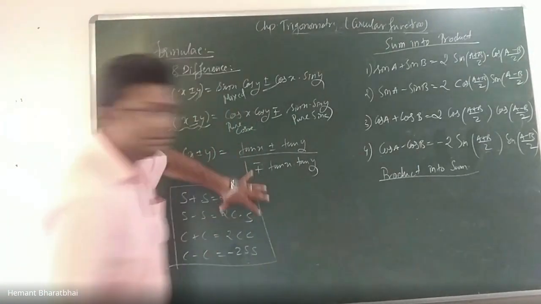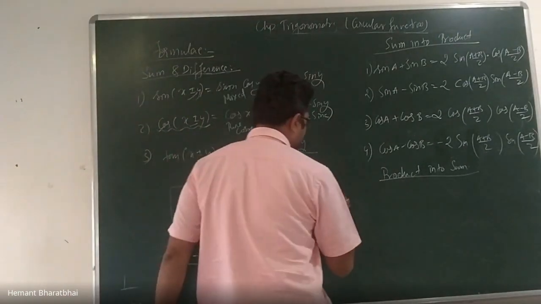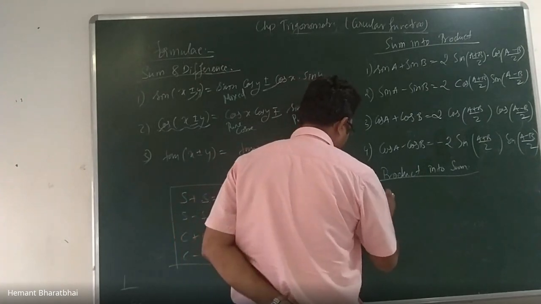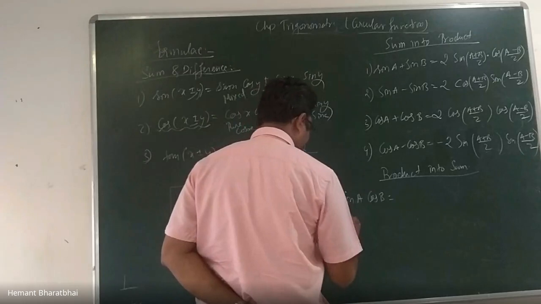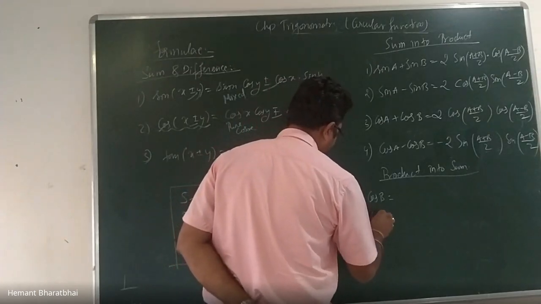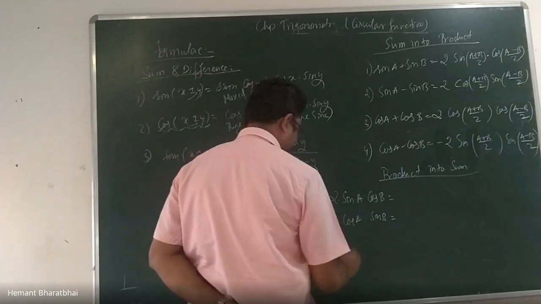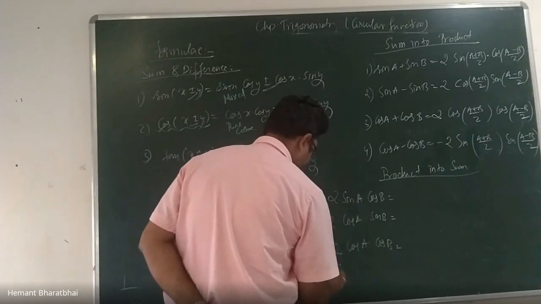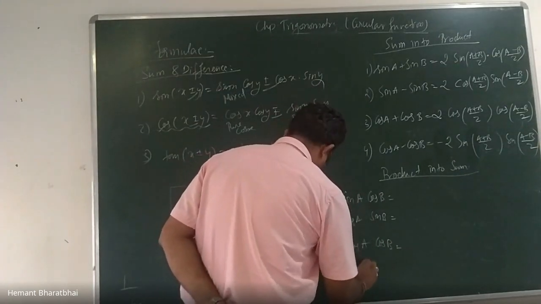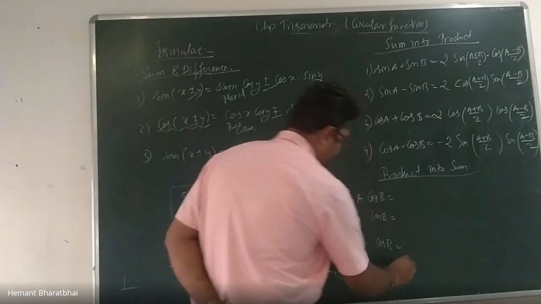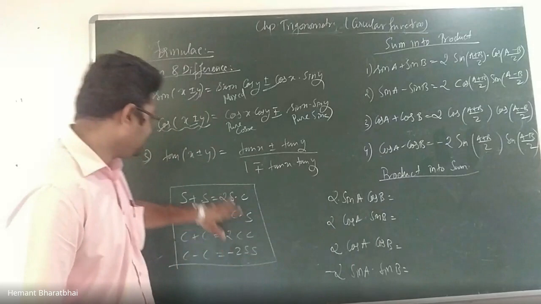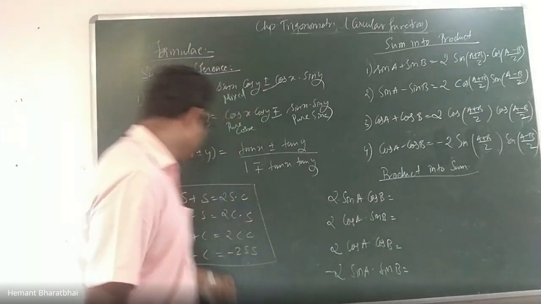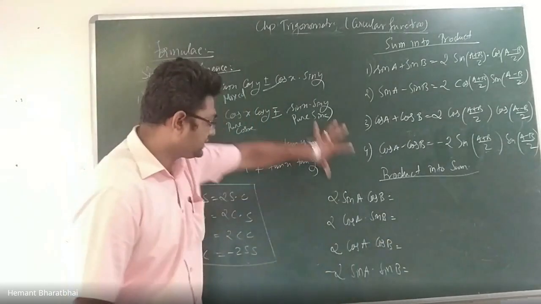So again, the same terms I will write over here: 2 times sine A into cos B, 2 times cos A into sin B, 2 times cos A into cos B, and minus 2 times sin A into sin B. So exactly what I've replicated over here. 2SC, so I wrote SC; 2CS, so I wrote CS; 2CC, so I wrote 2CC; then minus 2SS, so I wrote minus 2SS. So this is my product completed.